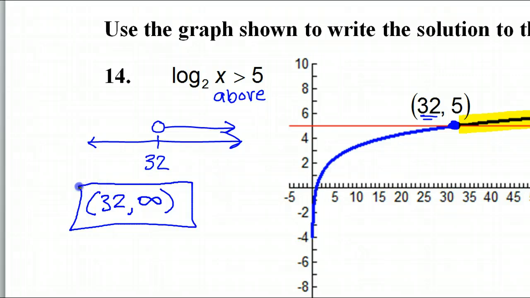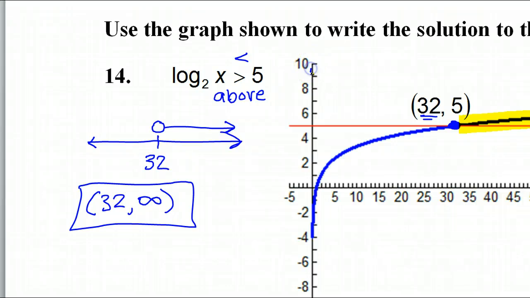That's number 14. Now let me just mention, if this had been less than, we would have been looking below, so we would have wanted the left side of the graph. But please understand, if we were going to the left, we would not go to negative infinity.